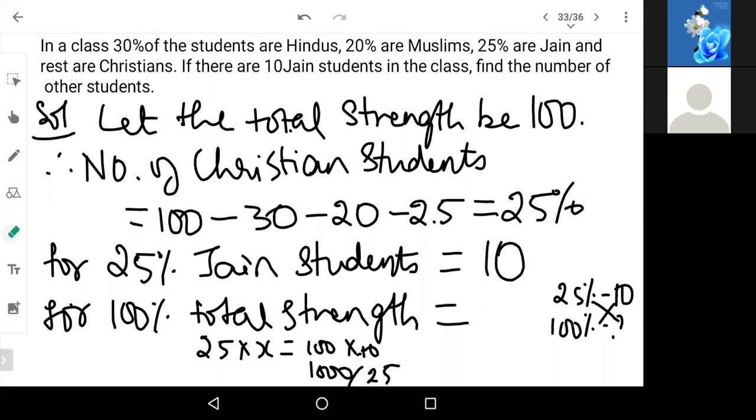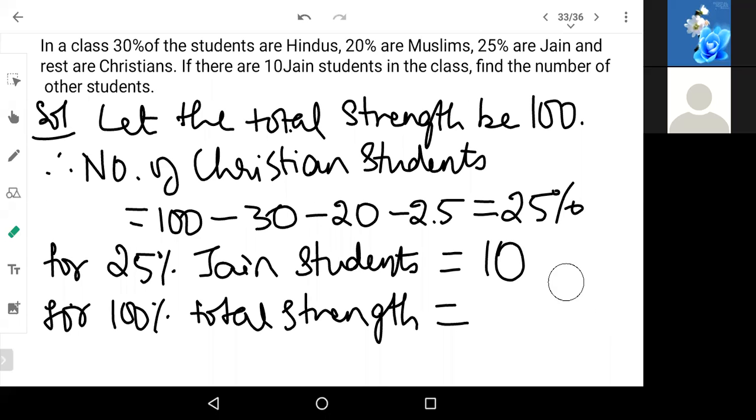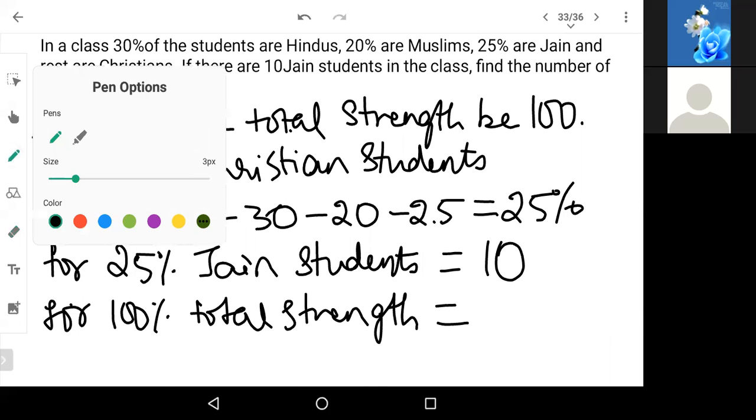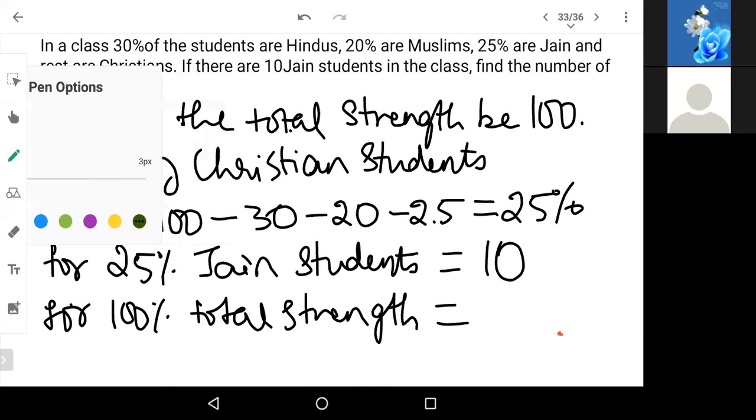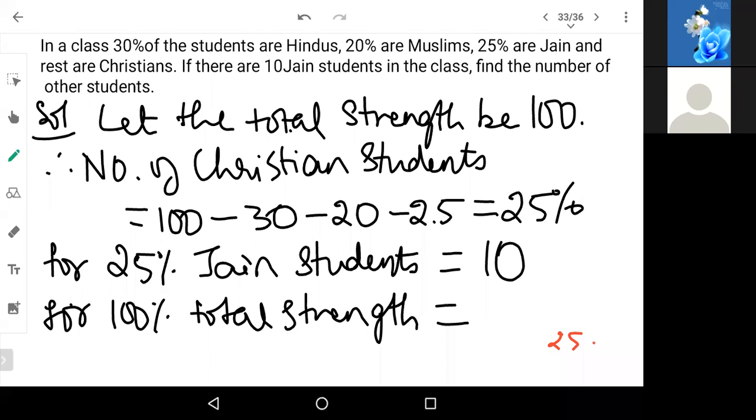You can follow the same method here to find out the value. Let me write it in a different ink. For 25%, we have 10 people. So for 100%, how much? 25 into x is equal to 10 into 100.